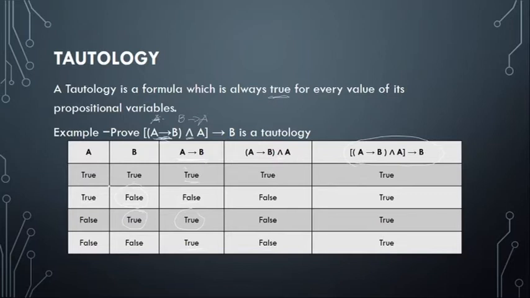Since if A then B has a value of true and A has a value of true, true and true is equal to true. Once again, in connectives, if both have the value of true, it will return true.